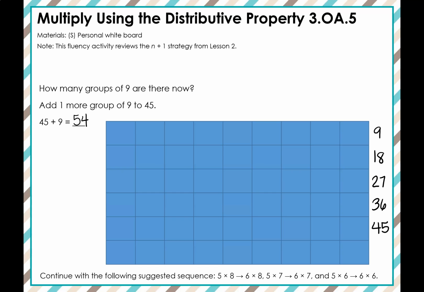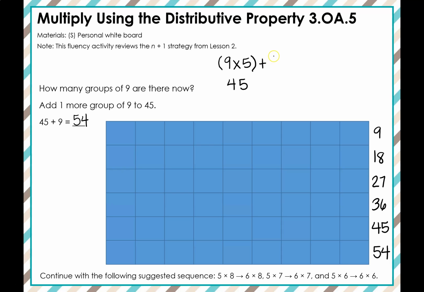Okay, so how could I use a multiplication sentence to represent this problem? Would it still be 9 times 5? No, it would be 9 times 6. Okay, but we're going to add the two problems together. So originally we did 9 times 5, which we said was 45.